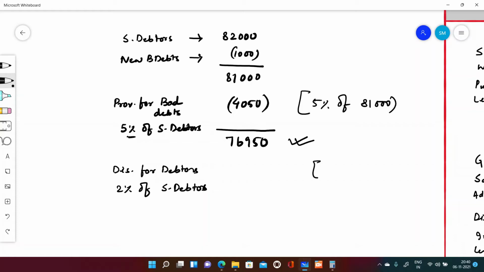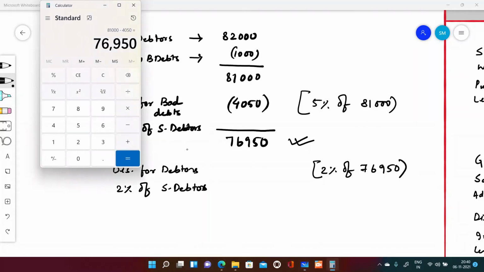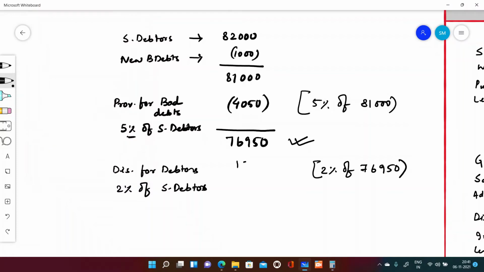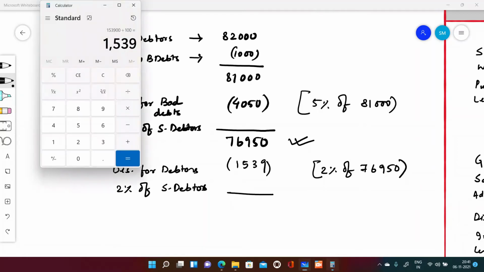Here we have to calculate 2% of 76950. So this comes to divided by 100, so I am getting 1539. So this is the discount for the debtor. Again deduct it from your sundry debtors.